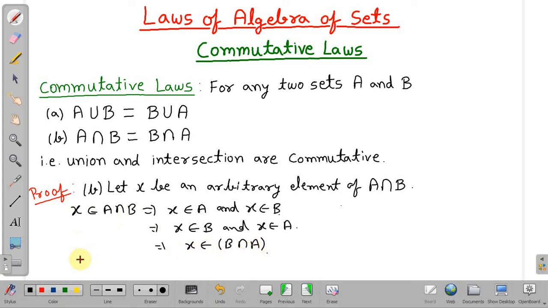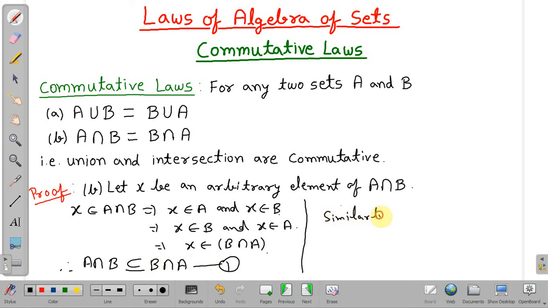So we can conclude that A intersection B is a subset of B intersection A. Suppose this is 1. Similarly, we can prove that B intersection A is a subset of A intersection B, and this is 2.